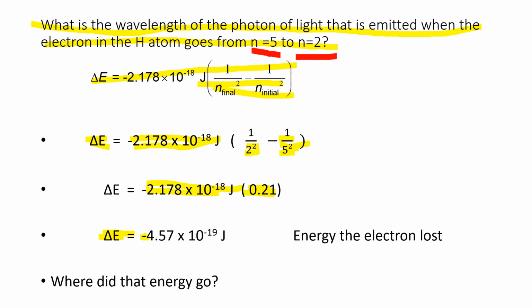So we would get negative 4.57 times 10 to the minus 19 joules. Remember, small amount. We're dealing with a single electron in a single hydrogen atom. This represents the energy that the electron lost. Now, where did that energy go? That's what we have to talk about next.